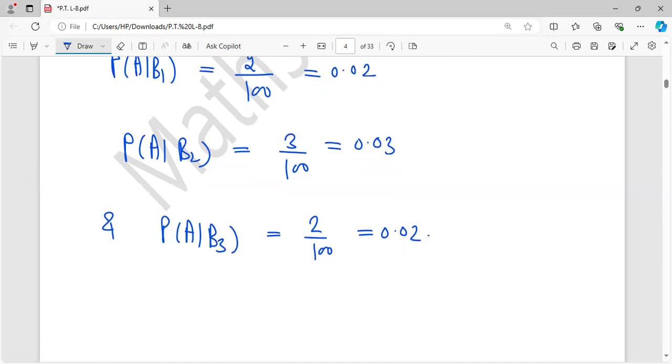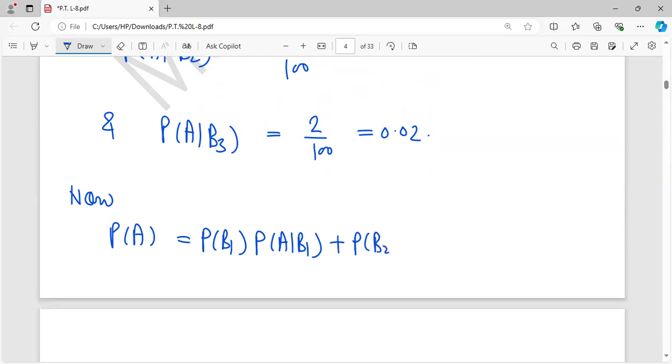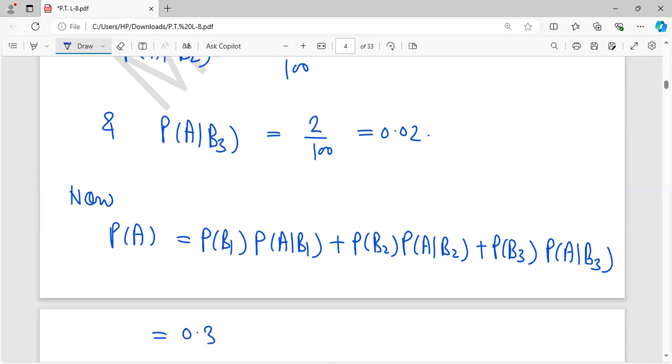Now, calculating, what is P A? P B1 times P A relative to B1, plus P B2 times P A relative to B2, plus P B3 times P A relative to B3. This is 0.3 times 0.02, plus 0.45 times 0.03, plus 0.25 times 0.02.